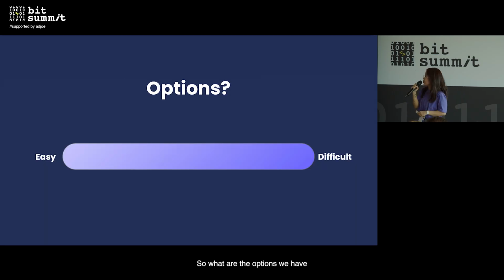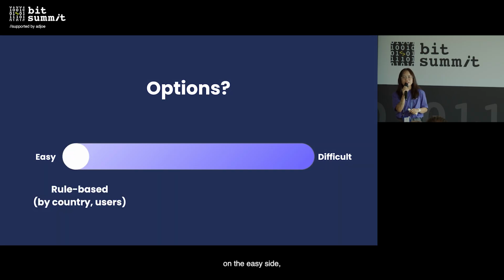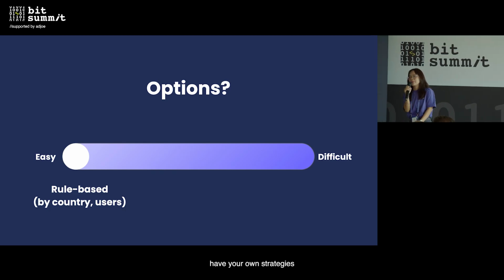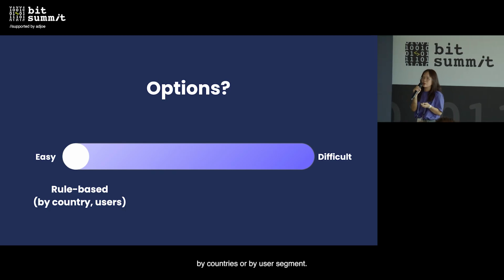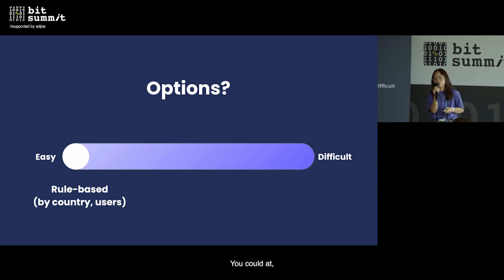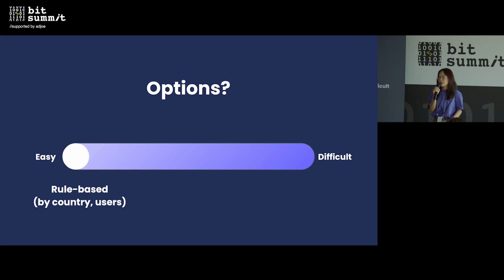So what are the options we have, from easy to difficult? On the easy side, we could go with rule-based. You could have your own strategies by country or by user segment. You could bid higher or more aggressively for some part of our users, or you could bid lower in some countries due to competition.